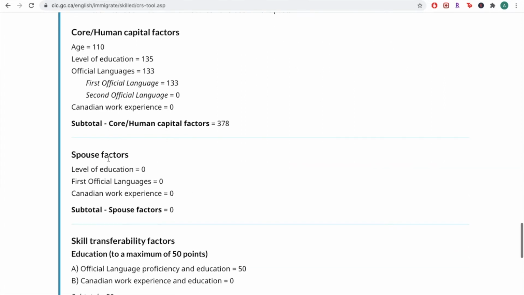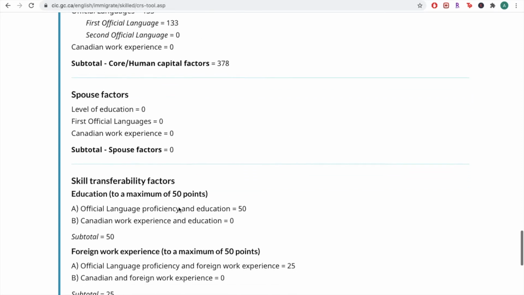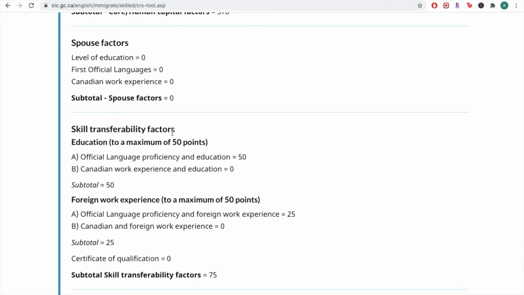For spouse, because I don't have a spouse, a spouse does not contribute or take anything out of my points. The next one is skill transferability factors. It says education first, official language proficiency and education, 50. Foreign work experience, my foreign work experience is 25.